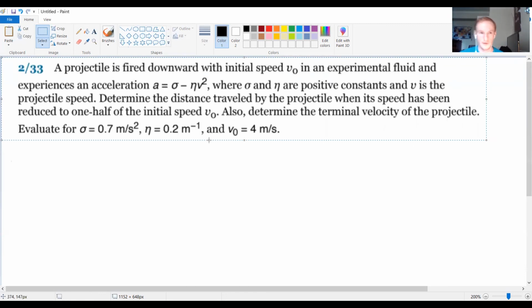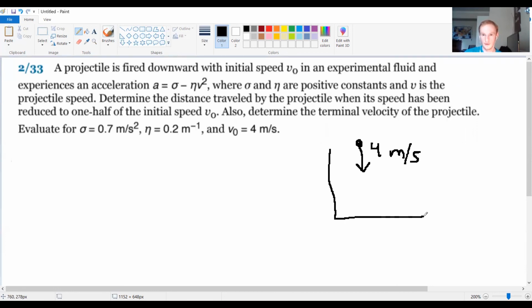All right, so we got this guy, which is a projectile, which we will model as a little blob here, goes downward at 4 meters per second and goes into an experimental fluid.